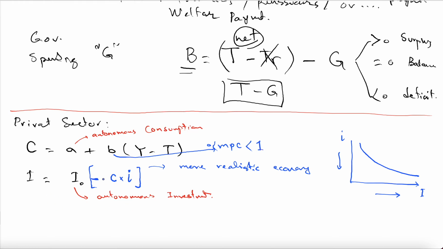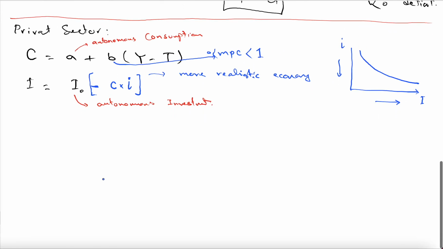So this is the private sector, and we can now add the government sector's equation. The government sector, which we didn't have, has two variables: net tax, T, and G. Remember we said that there is a discretionary part.